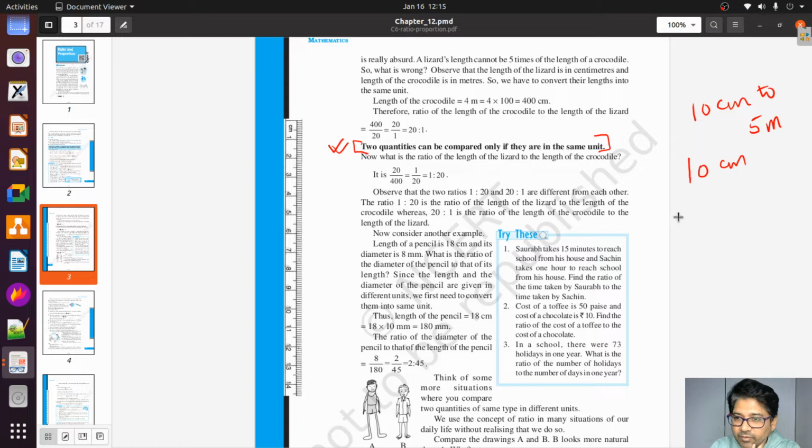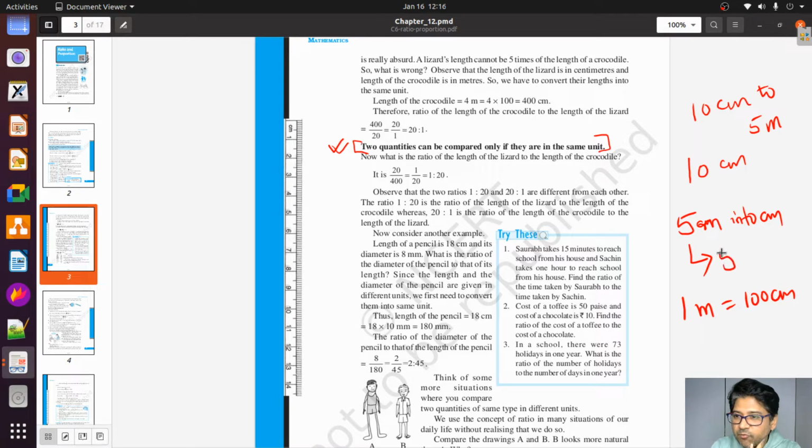You have to convert 5 meter into centimeter first. 1 meter equals how many centimeter? 100 centimeter.